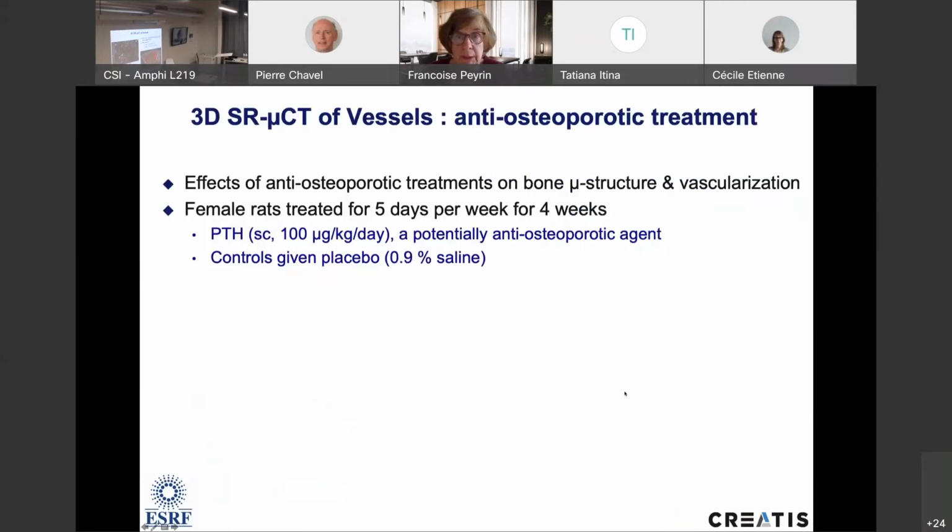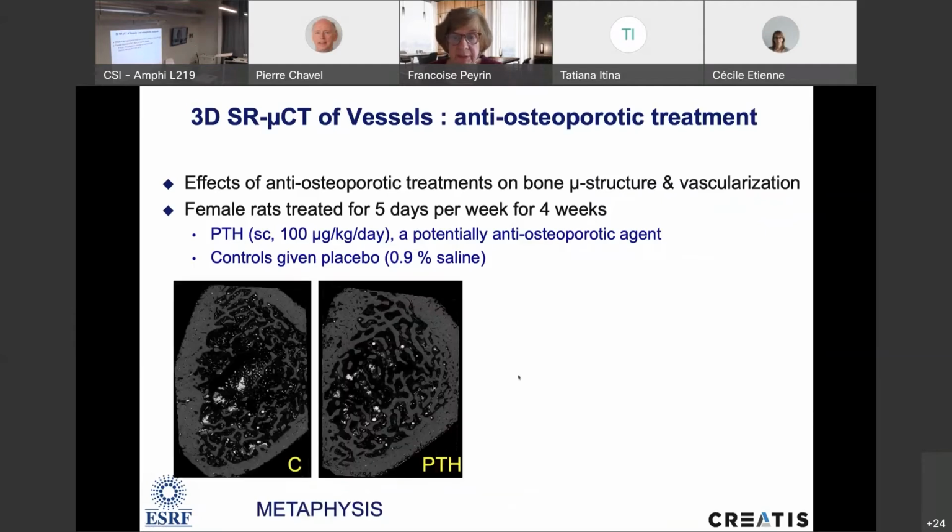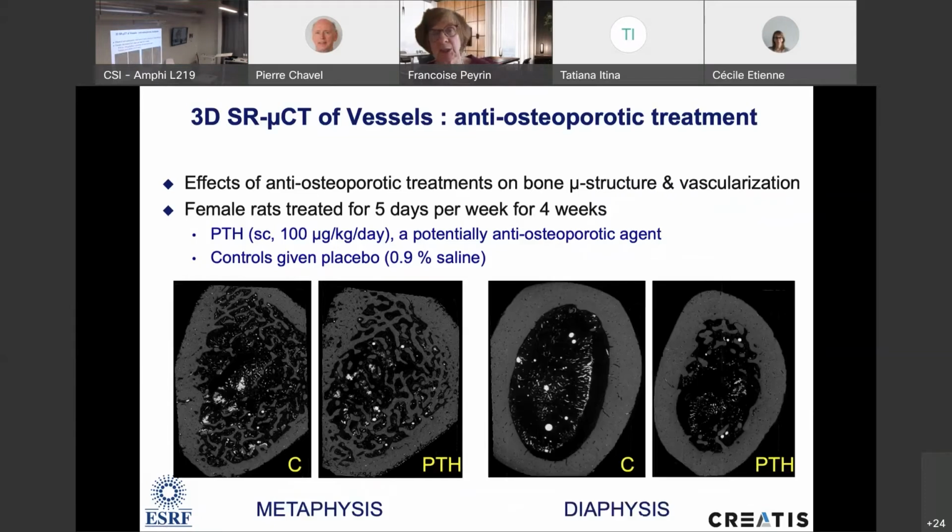So this was used for a study aiming to characterize an anti-osteoporotic treatment in rats. And we could image a lot of bone samples, control bone samples and samples of rats, so it was not mice but rats, treated with PTH, and then we could analyze the parameters in these samples.